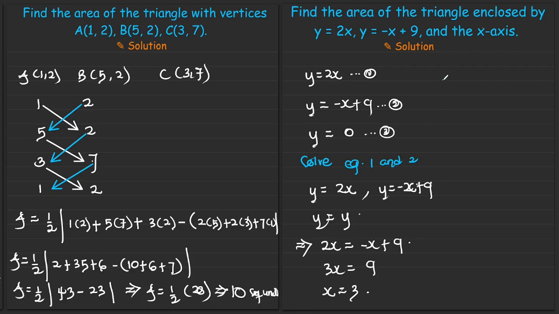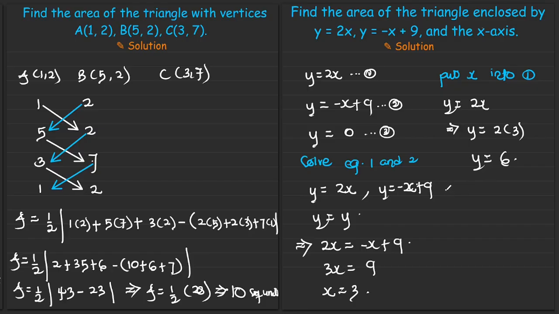Now that we have our x, you substitute it into any of the equations. So let's put x into equation 1. Our y is equal to 2x, where the x is now 3. So we have 2 times 3, which says our y is equal to 6.